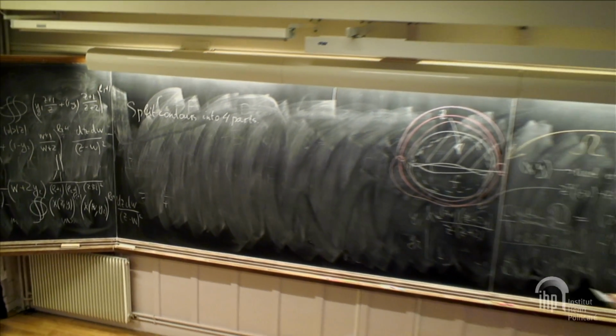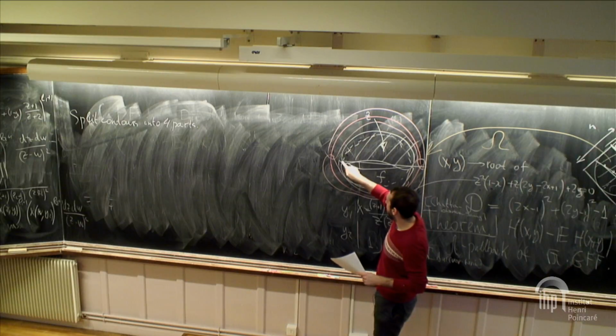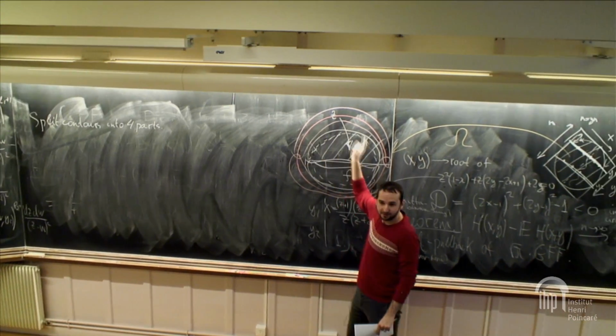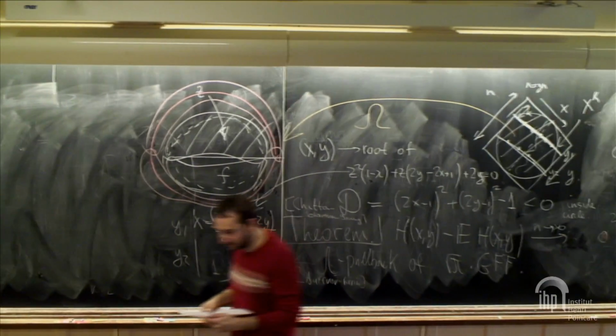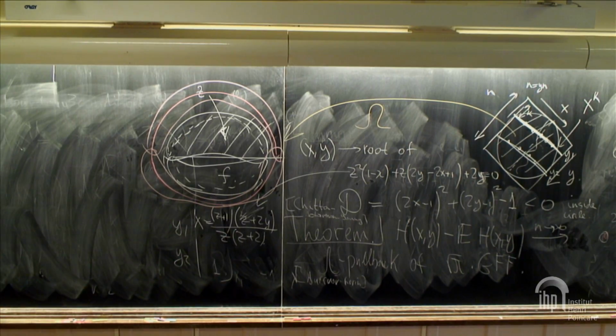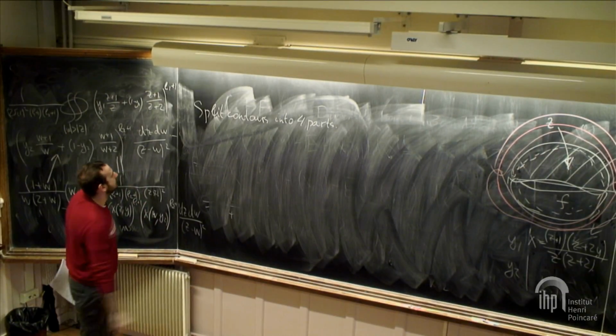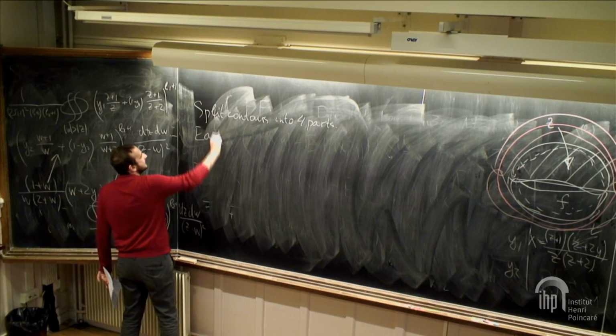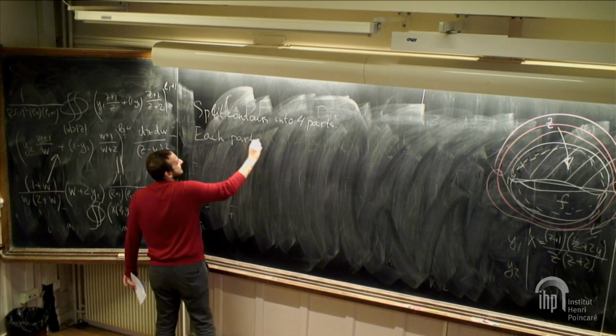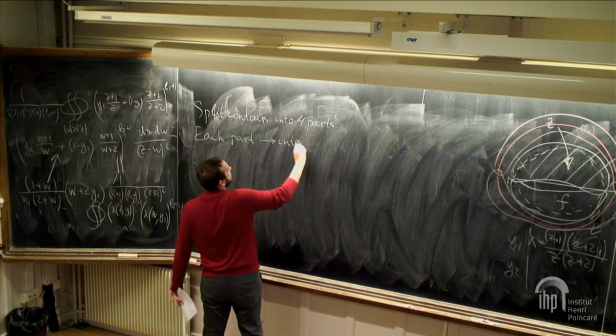And let's start with the simplest part, where both are integrated in the upper half plane. And let's again do integration by parts. So each part is integrated by parts.